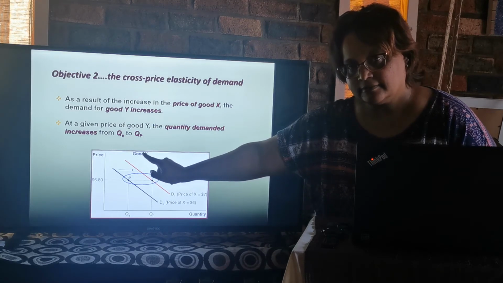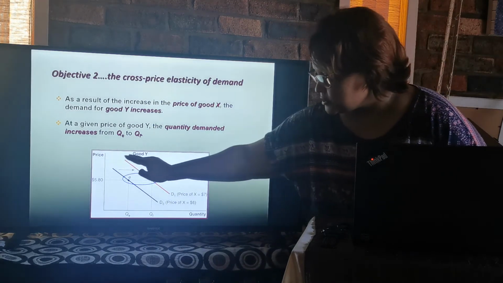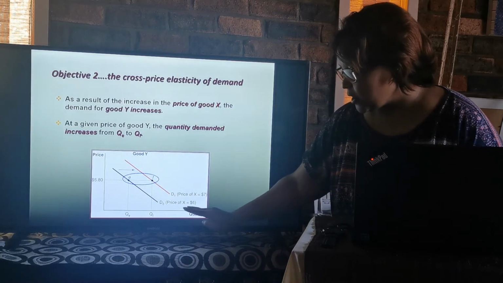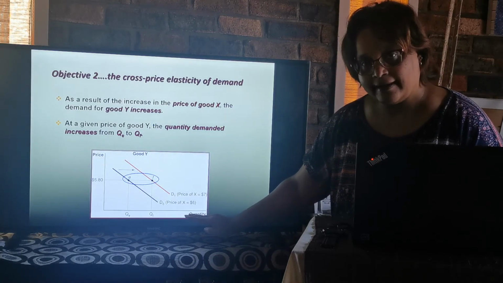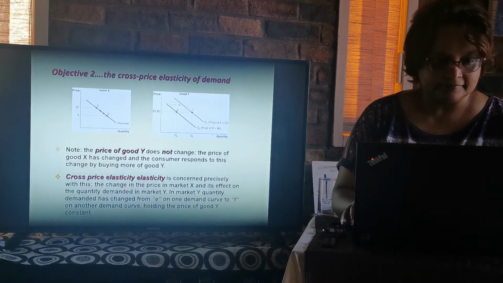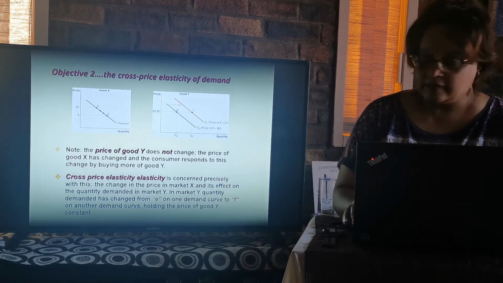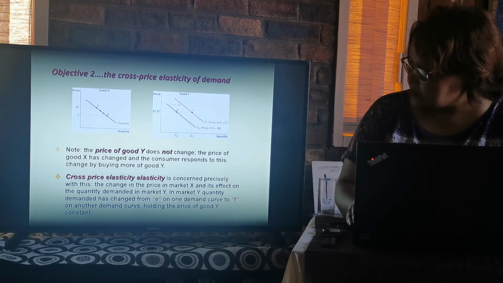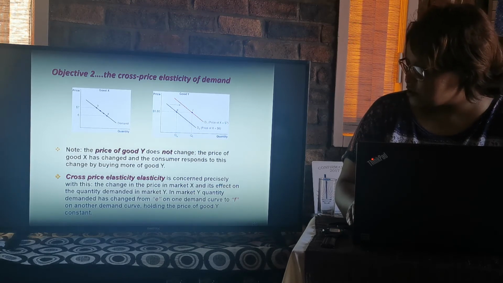Are we clear? That's the price of Y, but this is the quantity of X. And there it is noted, the price of Y does not change.